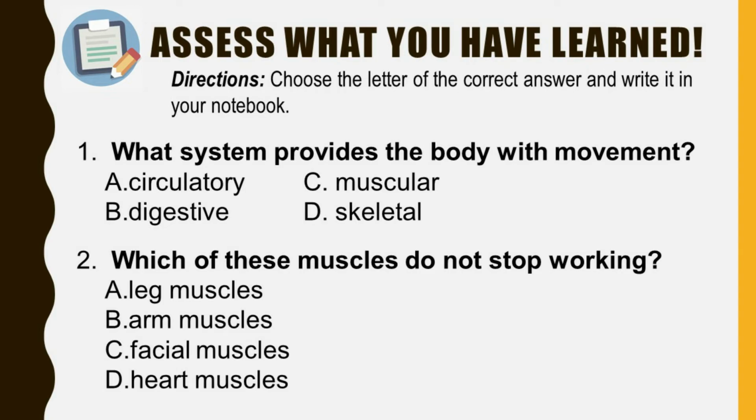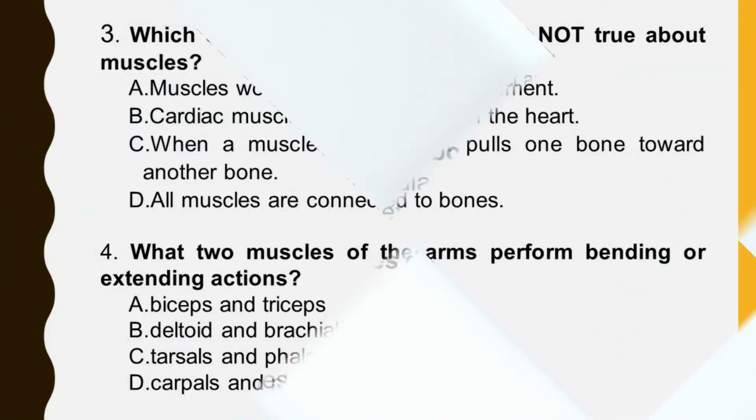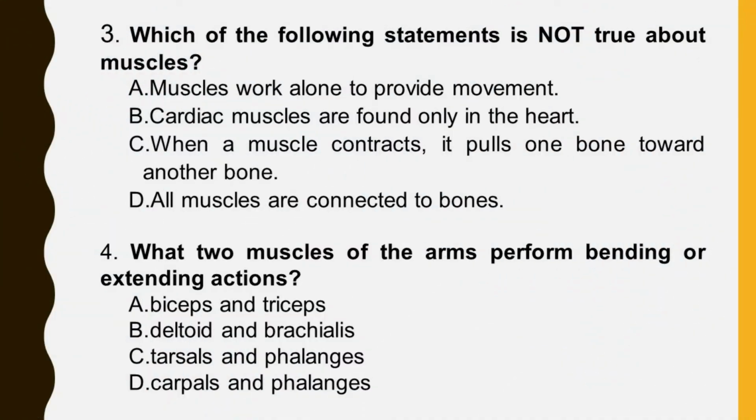Number 2. Which of these muscles do not stop working? A. Leg muscles. B. Arm muscles. C. Facial muscles. D. Heart muscles. Number 3. Which of the following statements is not true about muscles?